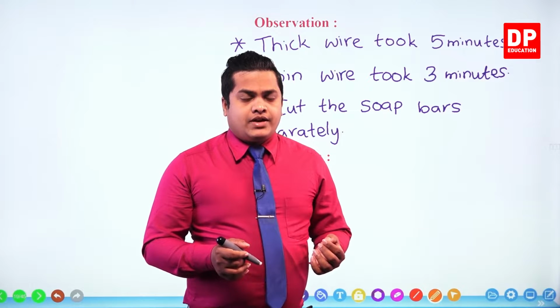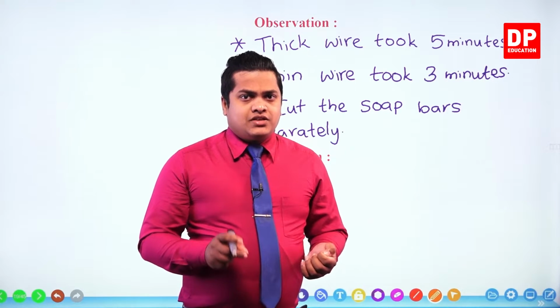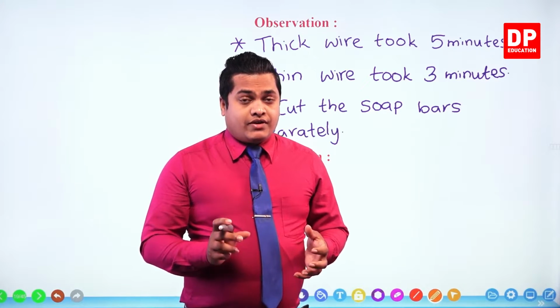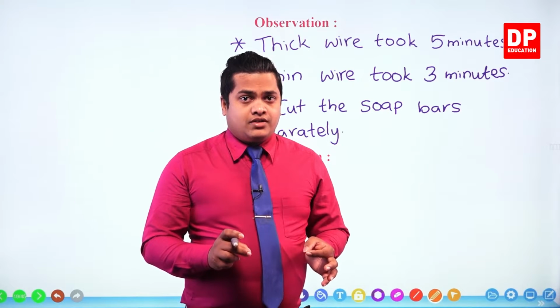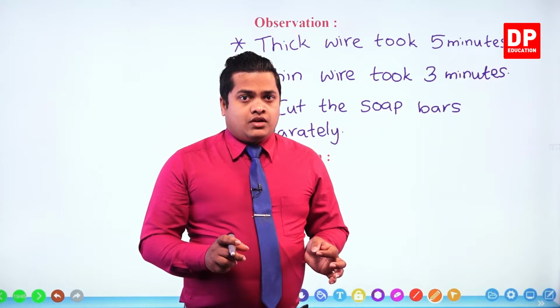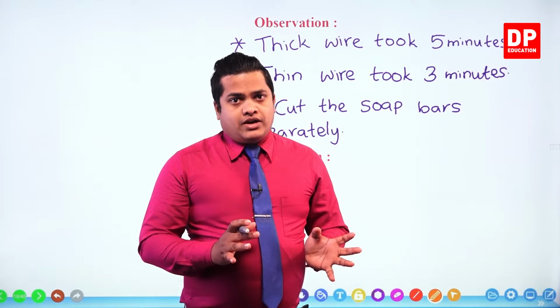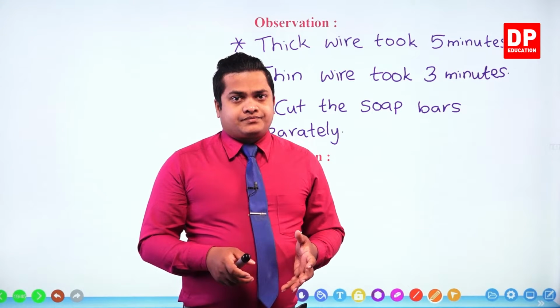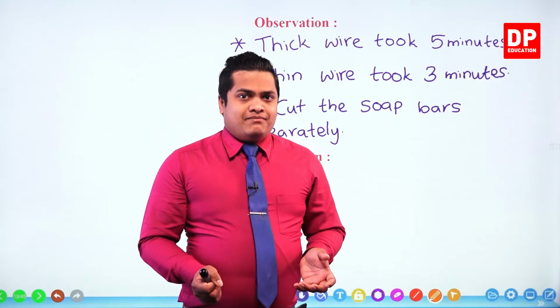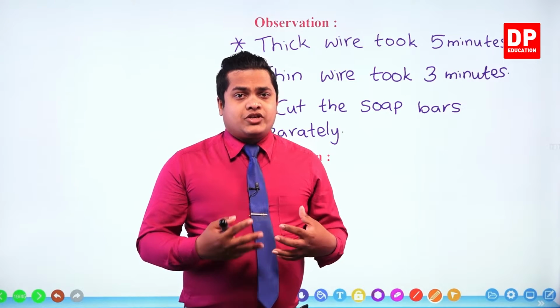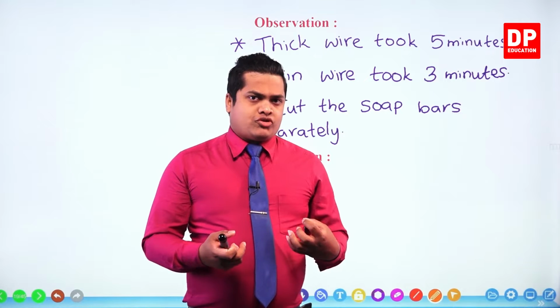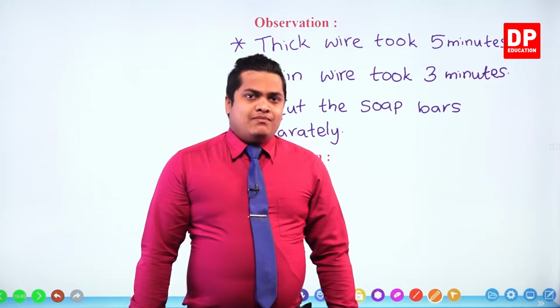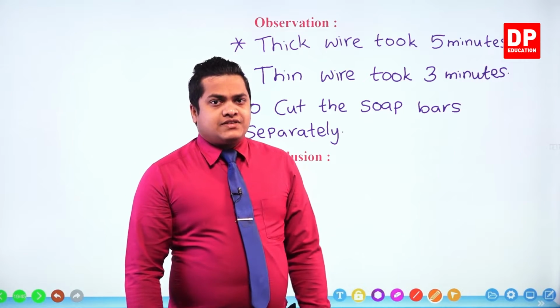However, when you take the thin wire or the thin string, it's going to take only 3 minutes, means very less time. So less time means it's exerting more pressure, more tension. So thin means lesser surface area.